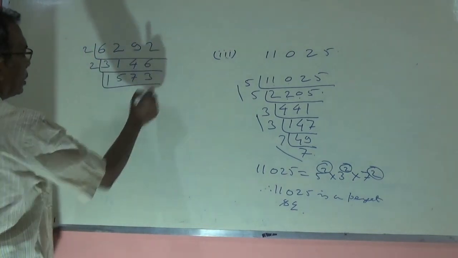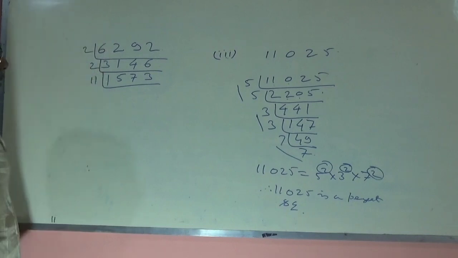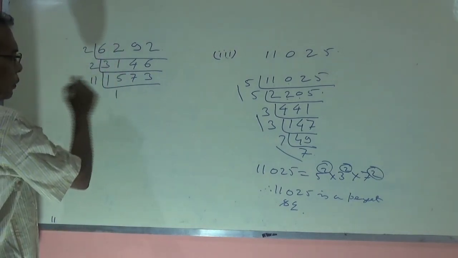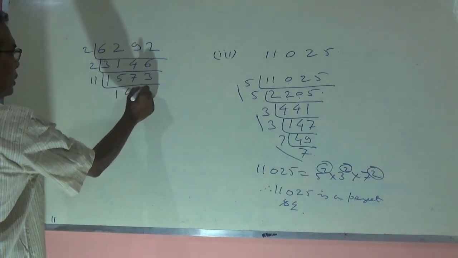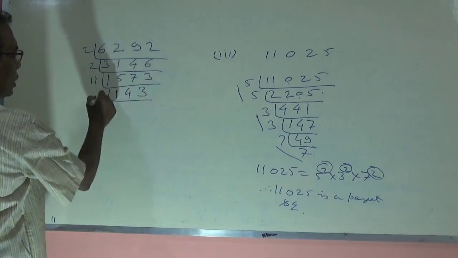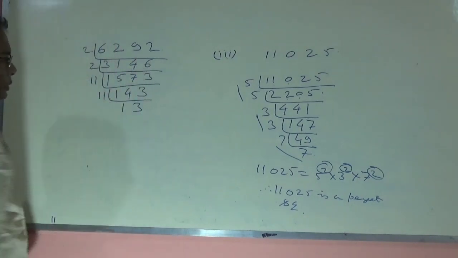Then is it possible to divide? For 7 3 10, 10 plus 5 15, 1 16, by 3 it is not possible to divide. 5 plus 7 plus 1, by 11 it is possible to divide. 11 ones are 11, 4 7, 11 fours are 44, 11 threes are. Again it is possible to divide by 11. 11 ones are 11, 11 threes are, that's all.